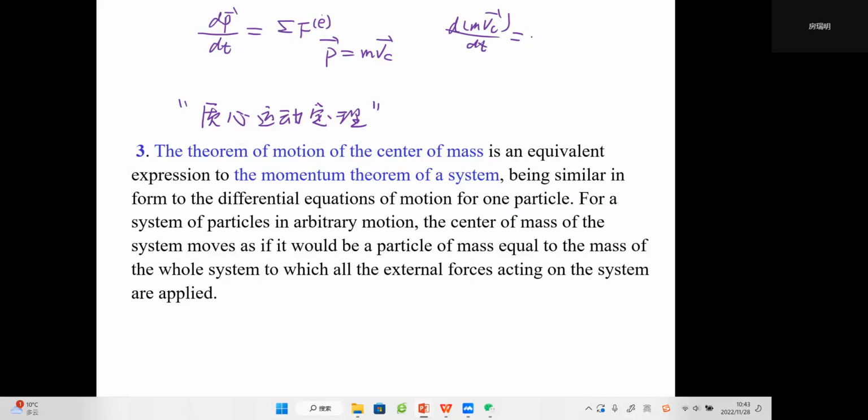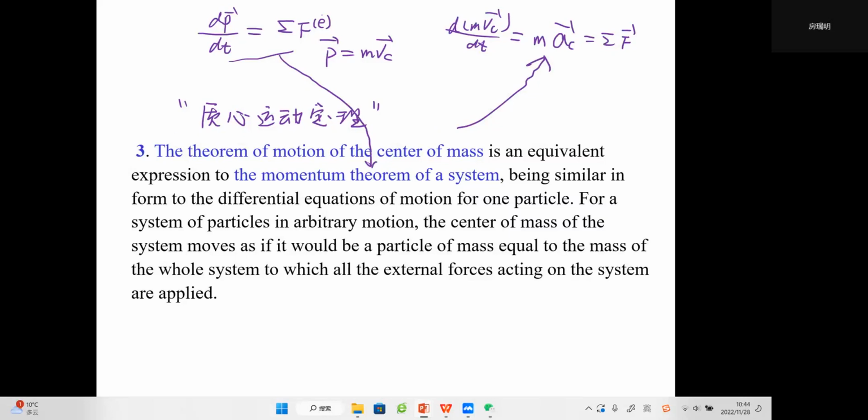Because m never changes, we can just write dvc/dt, which is ac, equals sigma F. That's why we have this conclusion. The theorem of motion of the center of mass is this expression, and the momentum theorem of a system is this. So that means these two are equivalent, right?